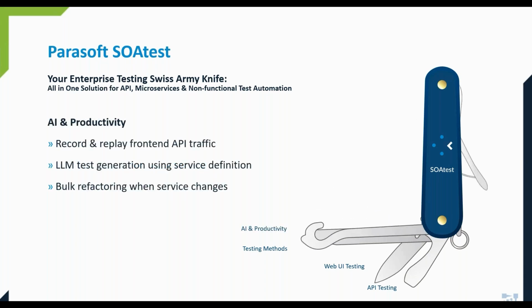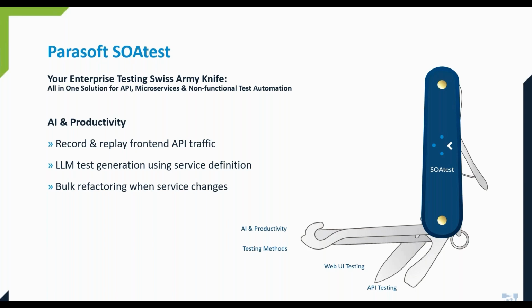Now, SOAtest is enhanced with AI and ML capabilities to help teams to increase their testing productivity. It offers a record and replay test generation capability for front-end APIs. And we're actually going to explore that in more detail shortly, showing you a full demonstration of that.